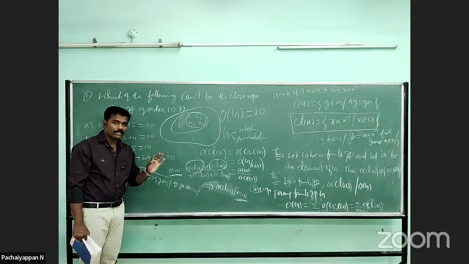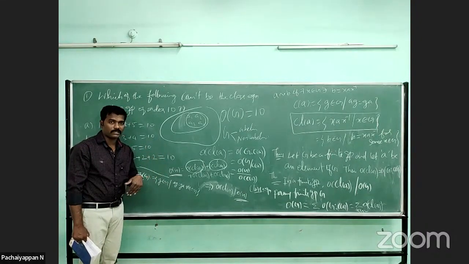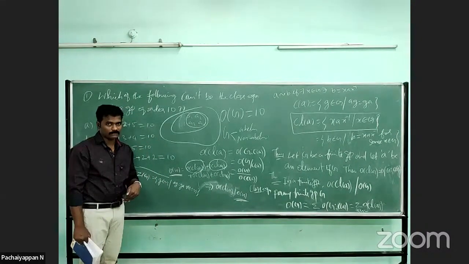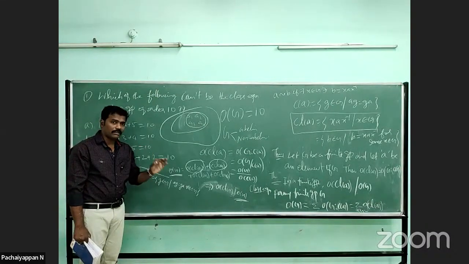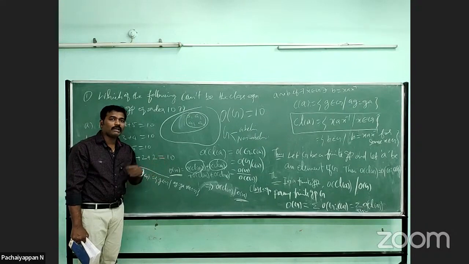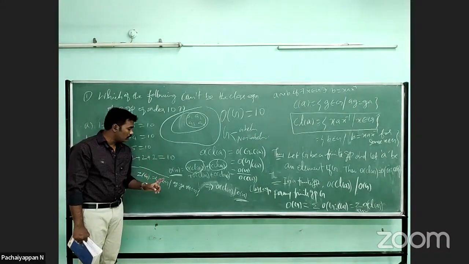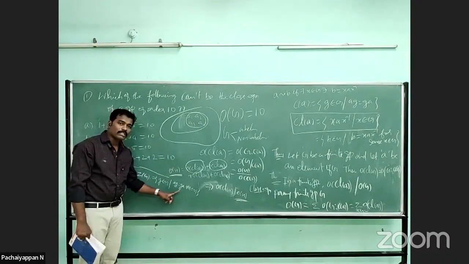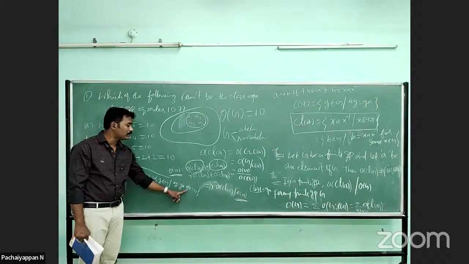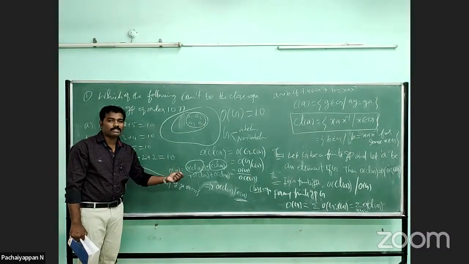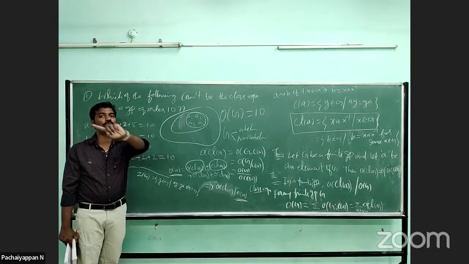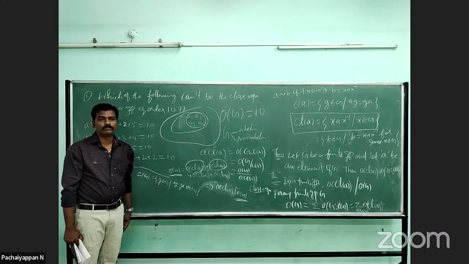Center of G is a subset in the group G. How does an element in the center of G look? If an element belongs to center of G, the element should have this property: ag equals ga for every a in G, which means that element should commute with all the elements in the group.